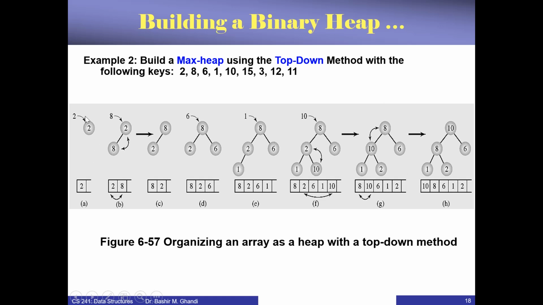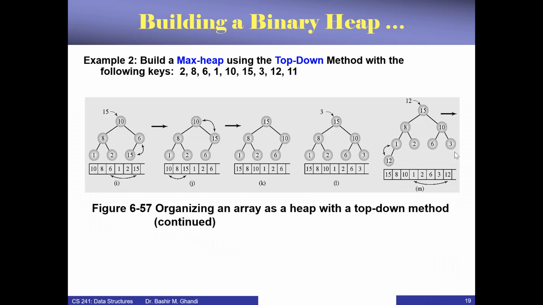So enqueue 2, it is the only element, nothing to do. Enqueue 8, it has to calculate up. Enqueue 6, it will go to the right, nothing to do, it is in the correct place. Enqueue 1, again nothing to do, it's in the correct place. Enqueue 10, this time it has to calculate up twice, here and then here, as you can see. So this is after enqueuing 10, this is what you have.